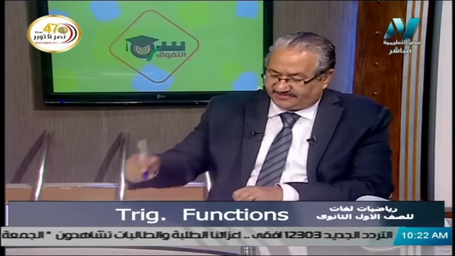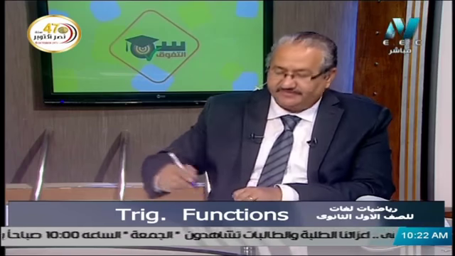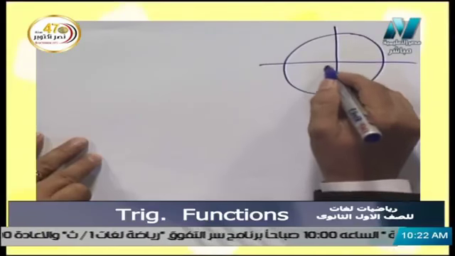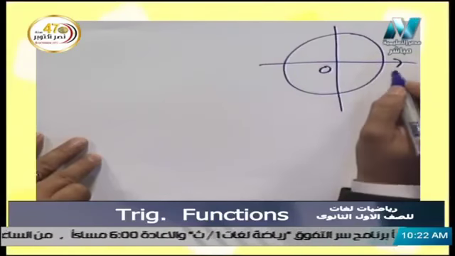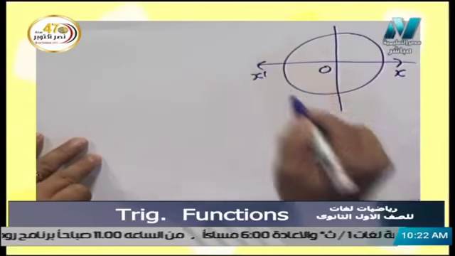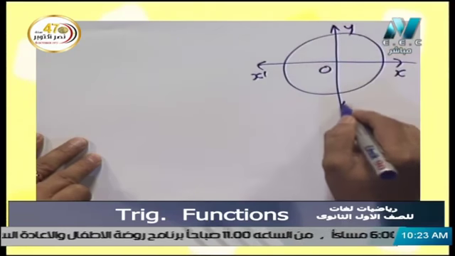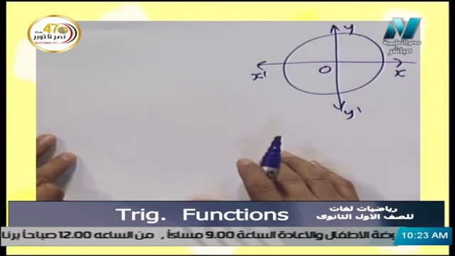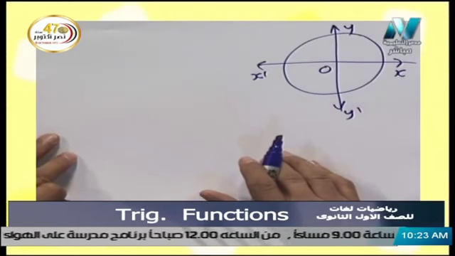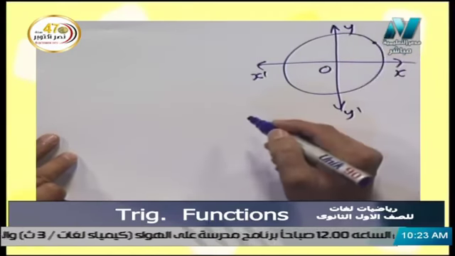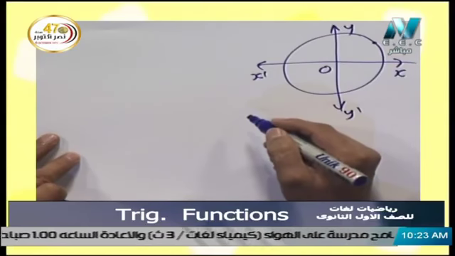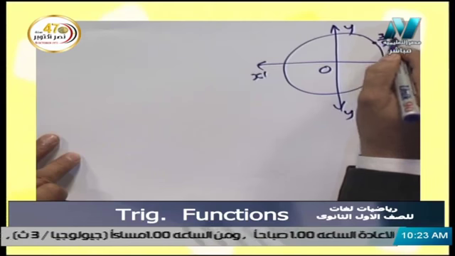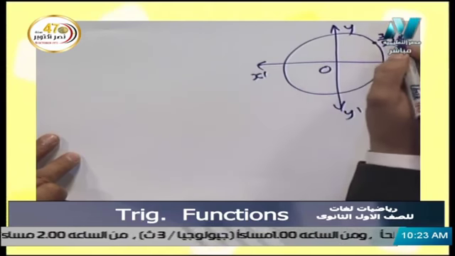If we have a unit circle like that, and we have the origin point here, this is the x-axis and this is the y-axis, and there is a point A, and its coordinates are 3 over 5 and 4 over 5.